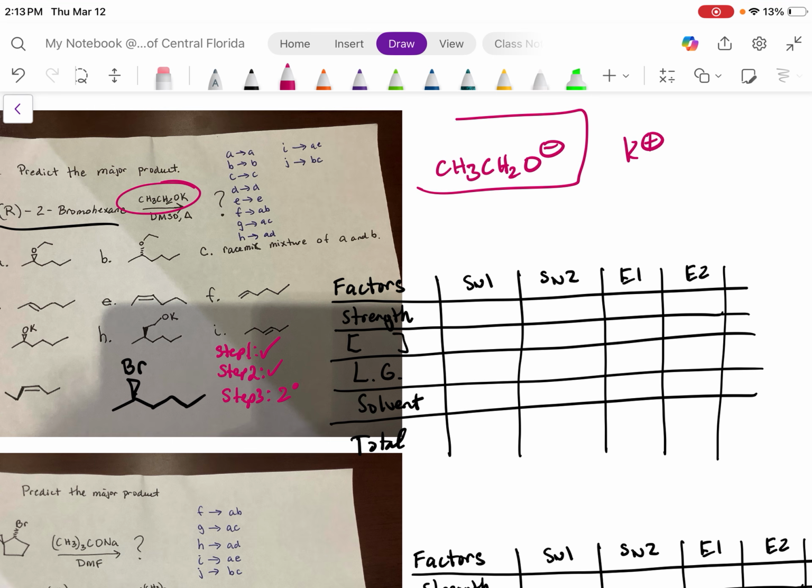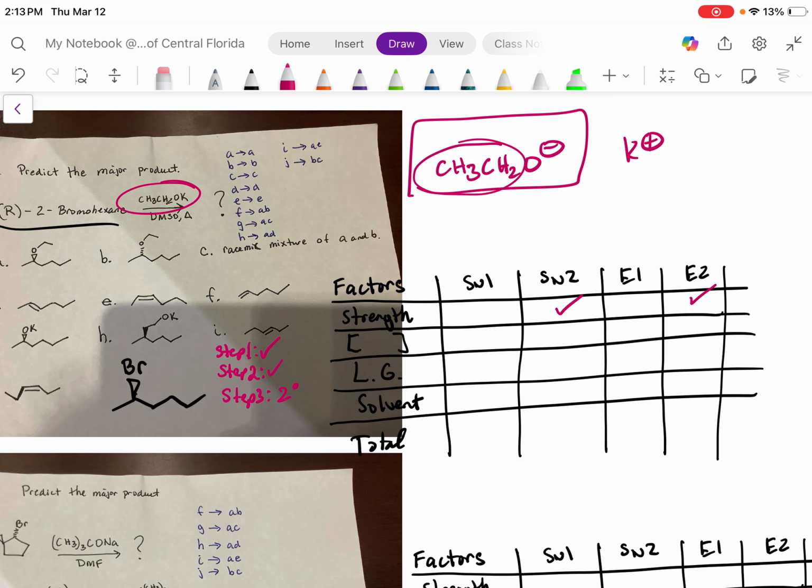So that species is a strong attacking species, and a strong attacking species favors SN2 and E2. It is a strong base and a strong nucleophile due to its size right there. It's not sterically bulky.